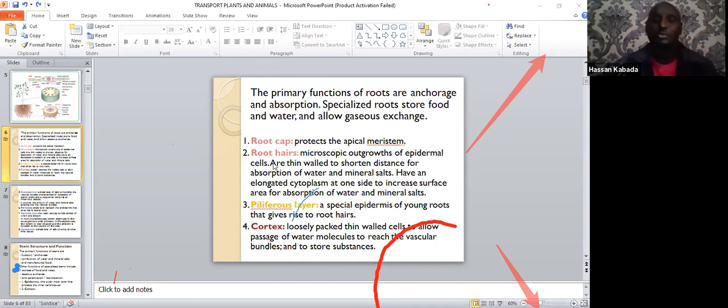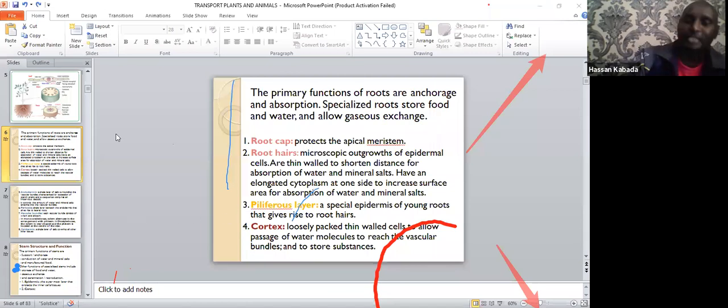Remember, when we talk about a thin membrane, thin wall, thin epithelium, and shortening the distance, this is because we want rapid diffusion of these materials across them. So don't just say, to shorten the distance for absorption. There's something missing: that is for rapid or faster intake of water and mineral salt.